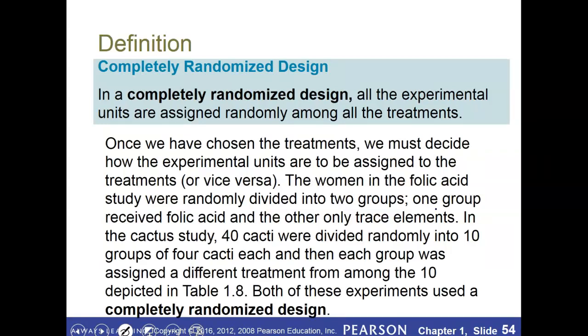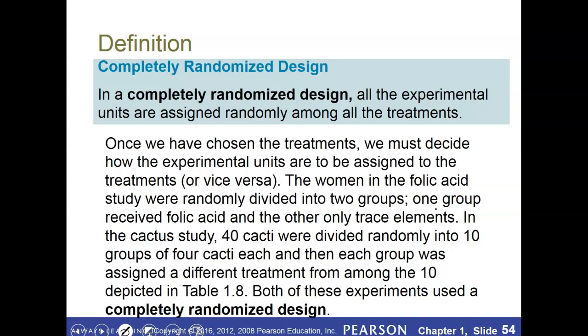Once we have chosen the treatments, we want to decide how the experimental units are to be assigned to the treatments. So the women in the folic acid study were randomly divided into 2 groups because there were only 2 treatments. One received the folic acid and the other received the trace elements of something else called the placebo.